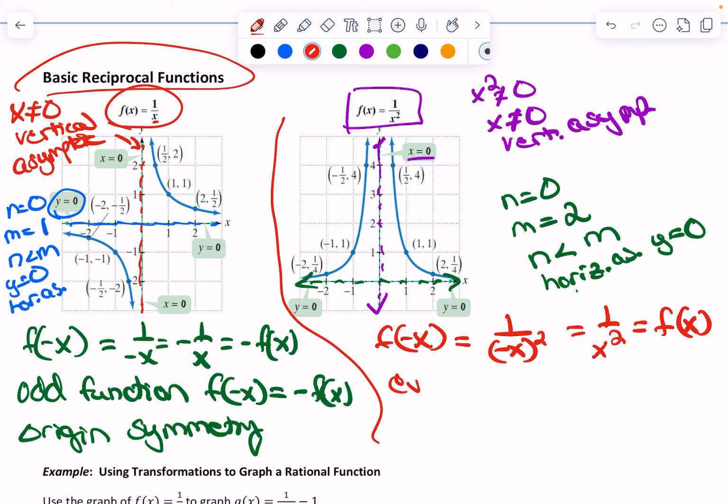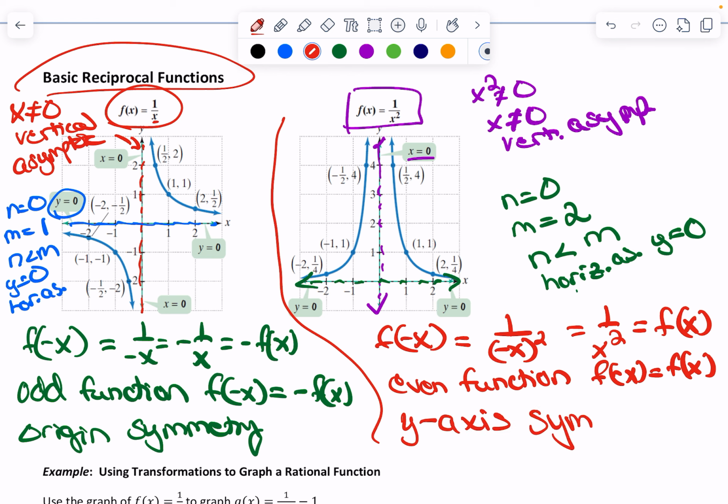So we have an even function here. f of negative x equals f of x, and it has y-axis symmetry. Again, if this was a paper and we folded it along the y-axis, the graphs would go on top of each other.